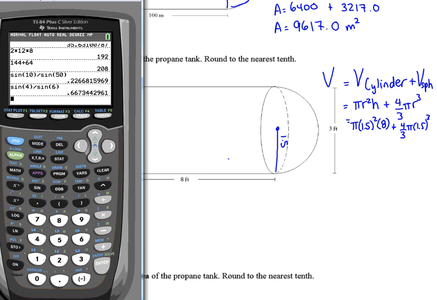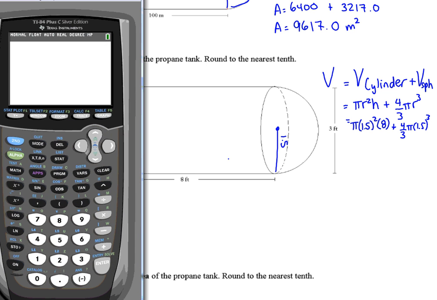Can you see this all right if I type it in small? Or do I need to make it bigger? Pi 1.5 to the power of 2 times 8 plus 4/3 pi and 1.5 to the power of 3.